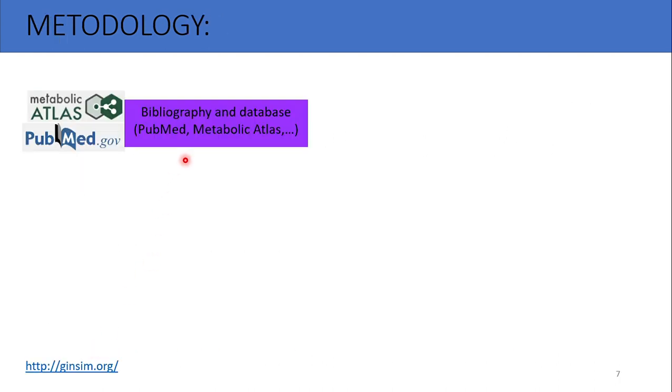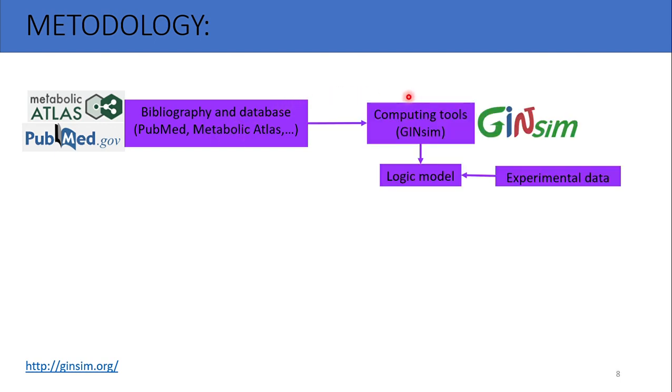To make our model, we first review the bibliography or databases looking for information related to our project. Later, with the help of computational tools like GenSim, we can integrate this information in a model and we can complement the model with experimental data.